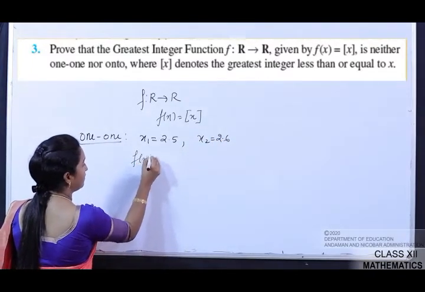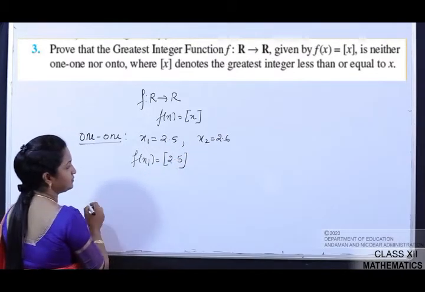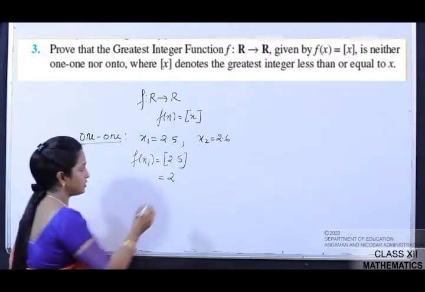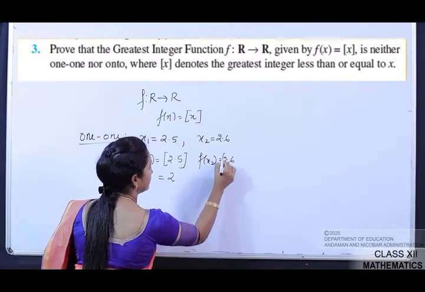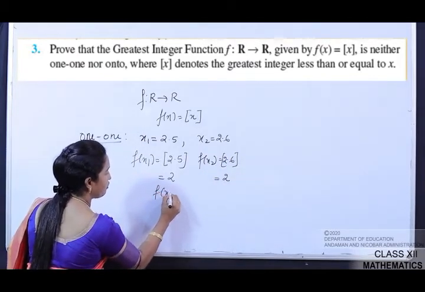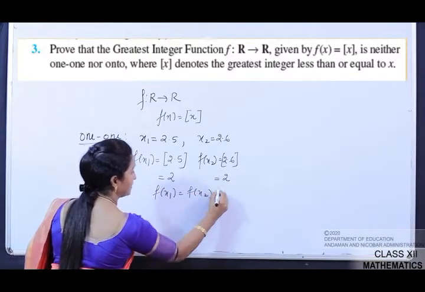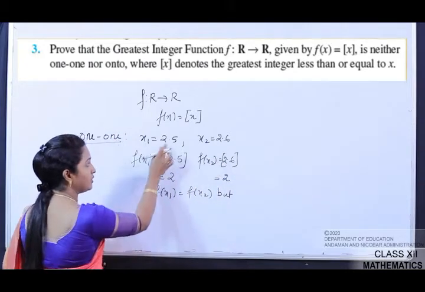Now f(x1) is equal to f(2.5). ठीक है, what will be the answer? 2, greatest integer. F of x2, 2.6. Okay, so the answer is 2. That means f(x1) is equal to f(x2). But what about x1 and x2? Are they equal?